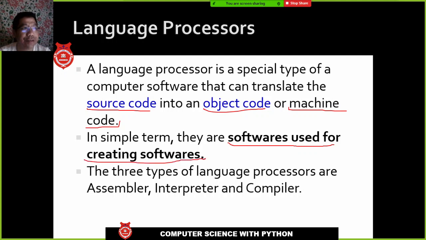You may feel strange. Software used for creating software are known as the language processors. Okay, there are three types of language processors. The first one is assembler, and the second one is interpreter, and the third one is compiler, and we are going to study this in details.